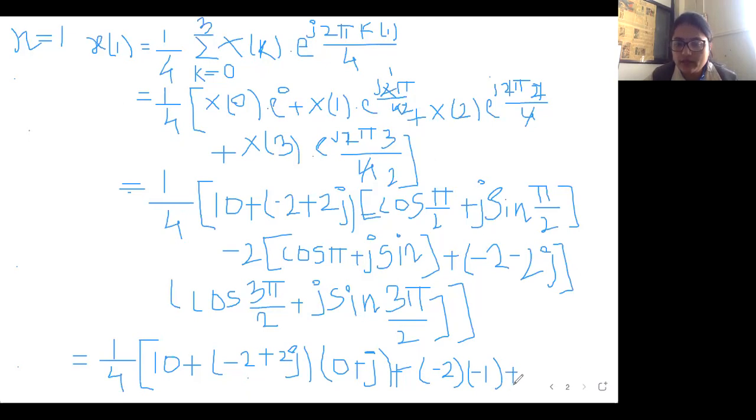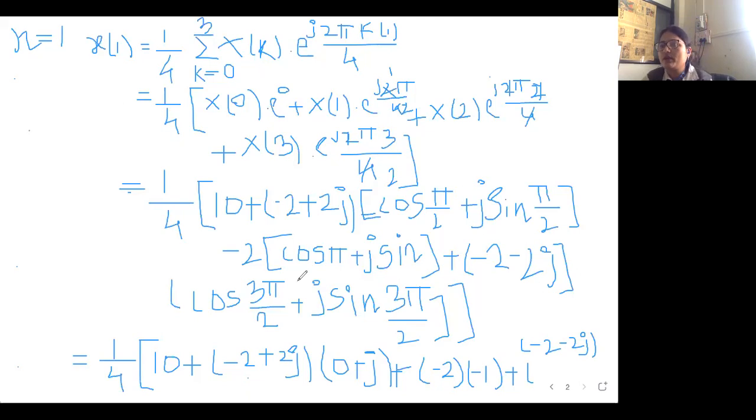Plus, the next value is minus 2 minus 2j. This is going to be multiplied by cos 3 pi by 2.